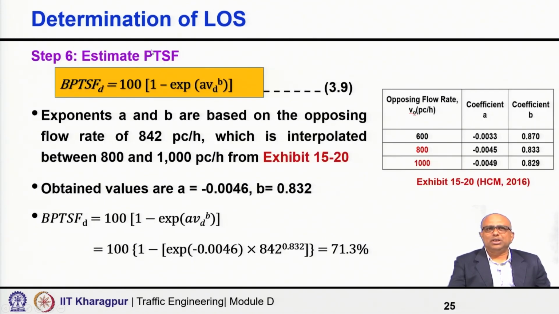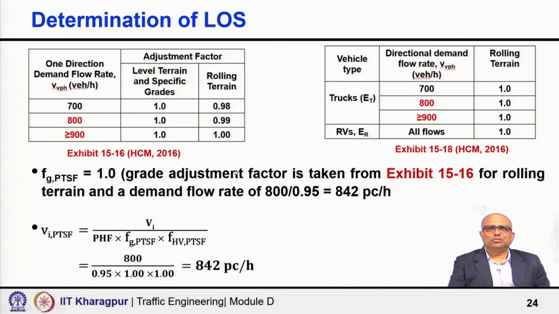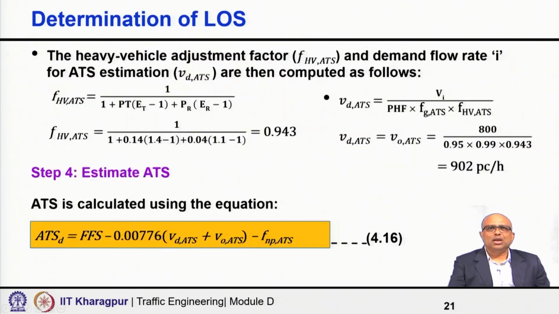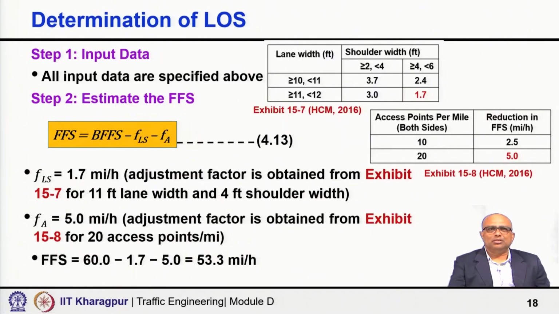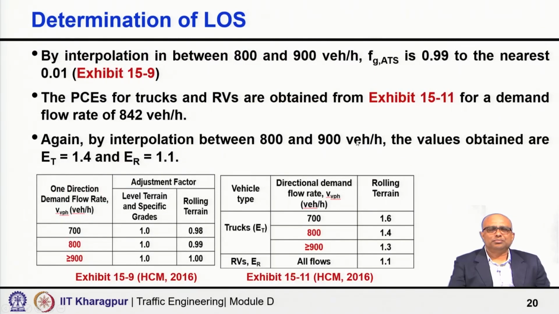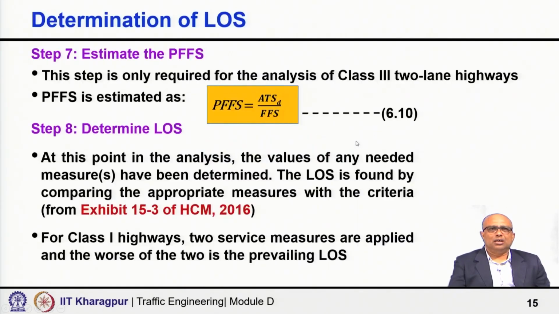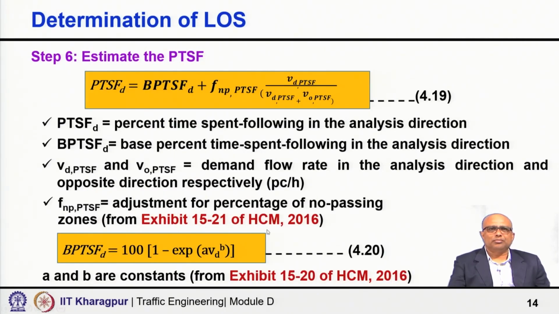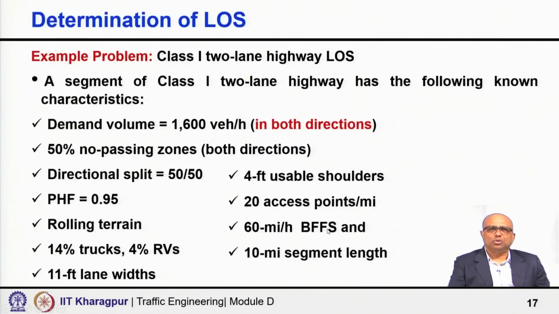Now, for estimation of PTSF, first we need to calculate the base PTSF in the direction of analysis. So, for base PTSF, it is this equation. This equation number is wrong; we are actually referring to equation 4.20.